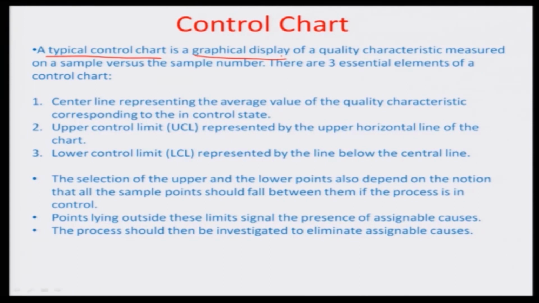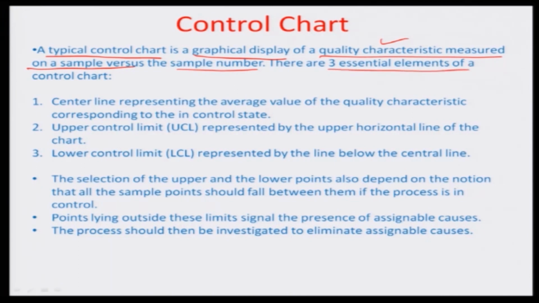You can plot both in different manners, so let us talk about the measured quality characteristic on a sample. There is a sample number, these samples have all been inspected, and a quality characteristic has been measured within these samples.